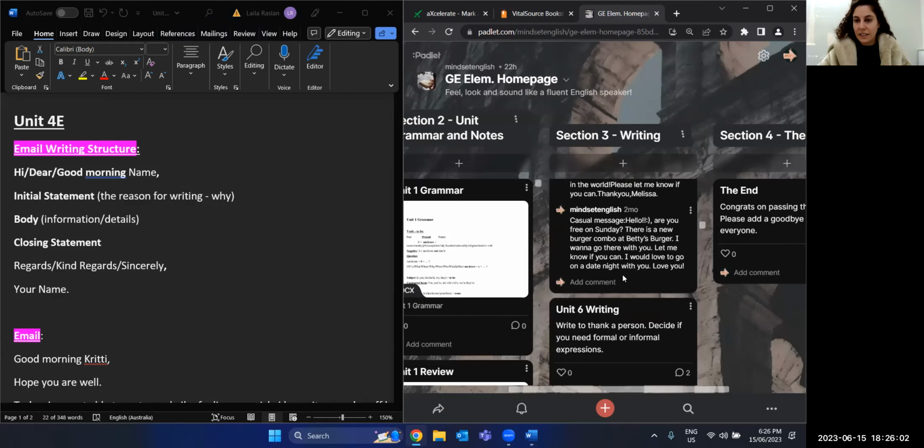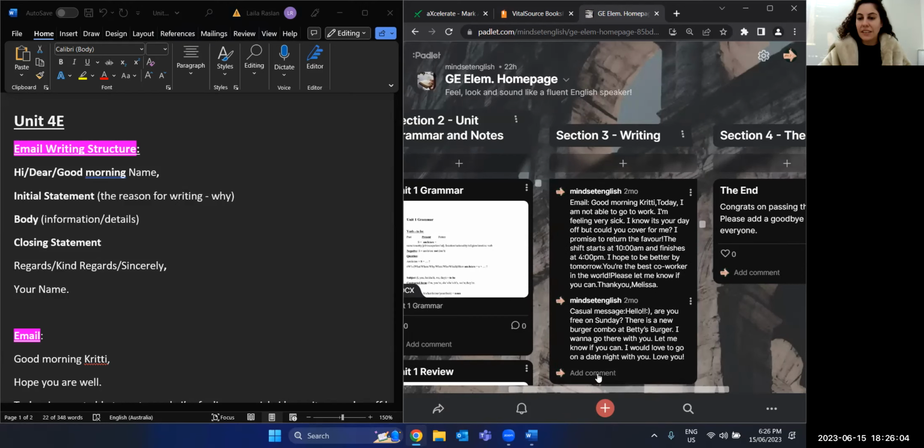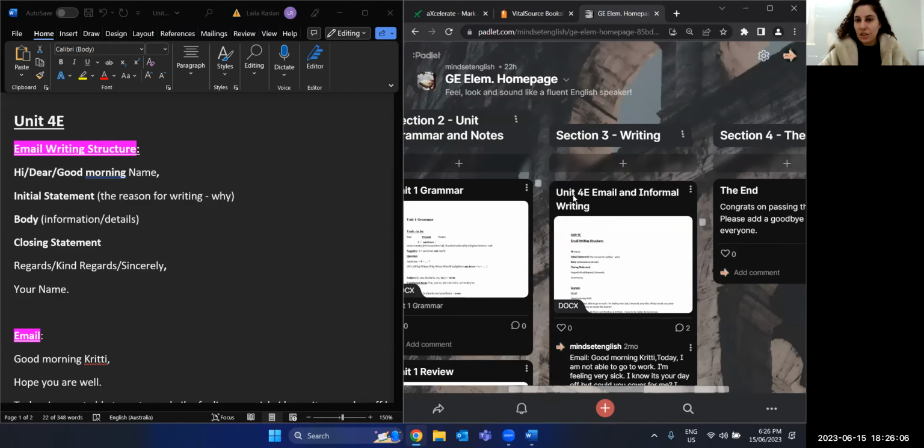No, sorry, I don't have any examples. So we need to add it here. So add comment. You'll see it says Unit 4E, email and informal writing.